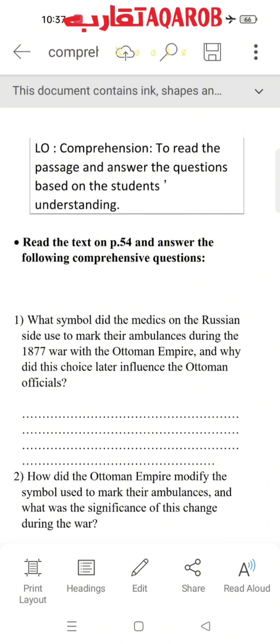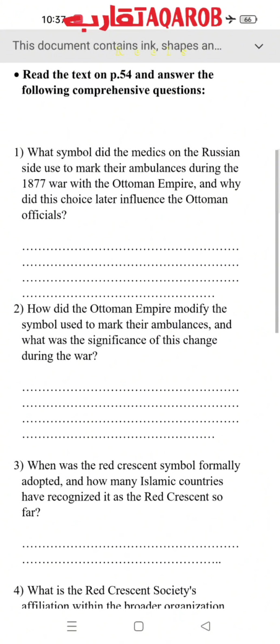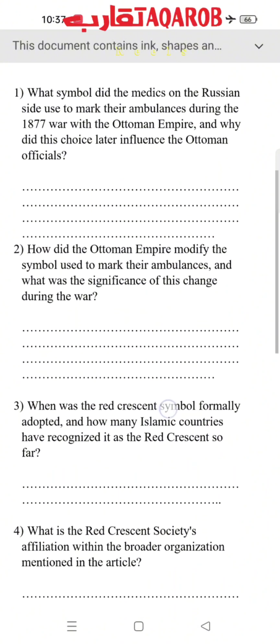So the learning objectives: to read the passage and answer the questions based on the students' understanding. Read the text on page 54 and answer the following comprehension questions. So question number 1.